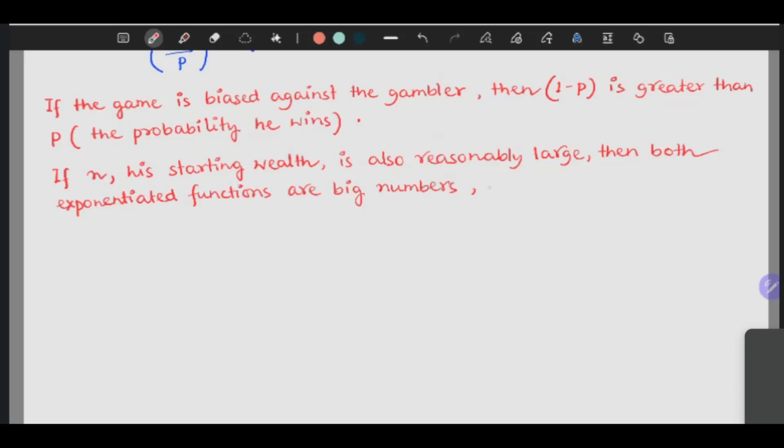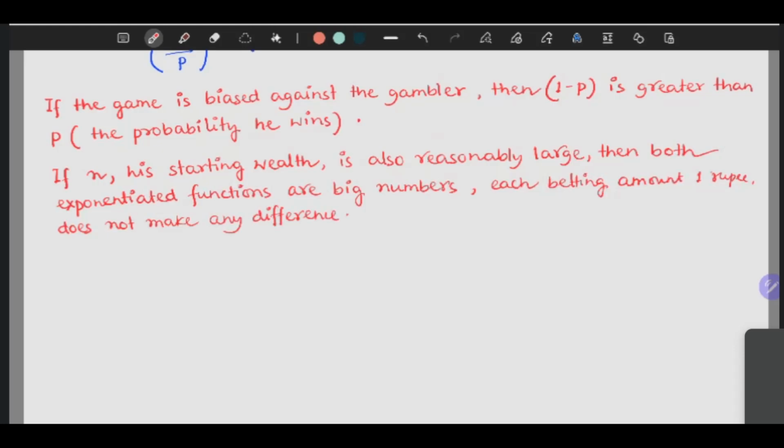So this each betting amount, which is 1 rupee, does not make any difference.